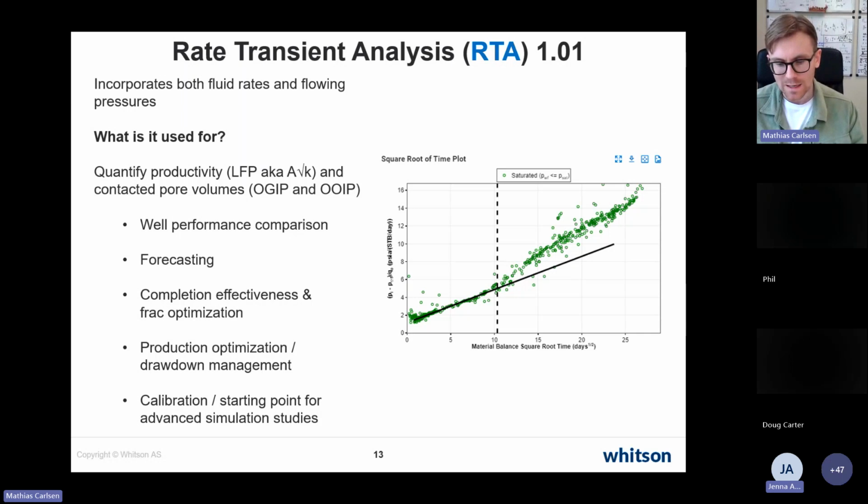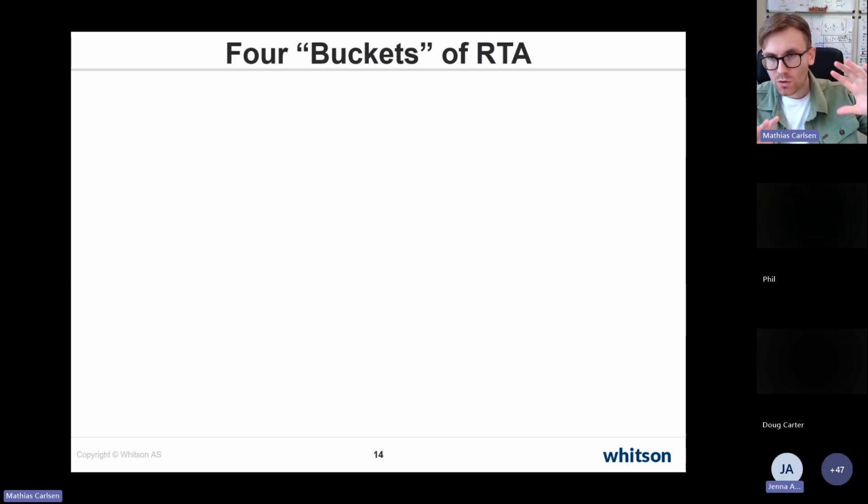So I'll try to explain that in a second. But when it comes to these 4 different buckets, I'm going to list them for you in an order of increasing difficulty, from simple to quote unquote hard, and all of them will use this combination of rates and pressures, and we'll teach you how you do that later.